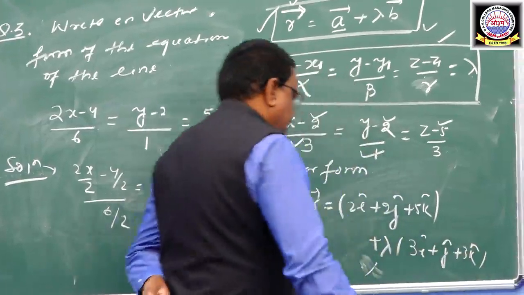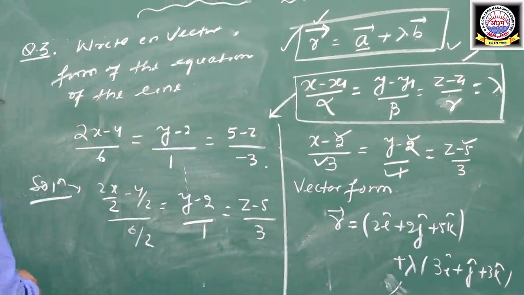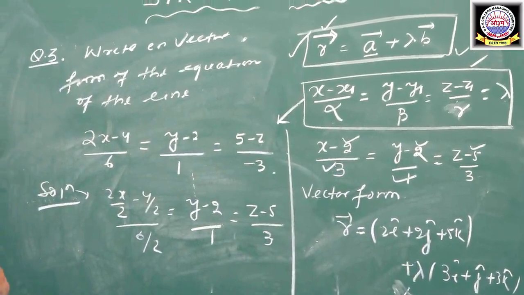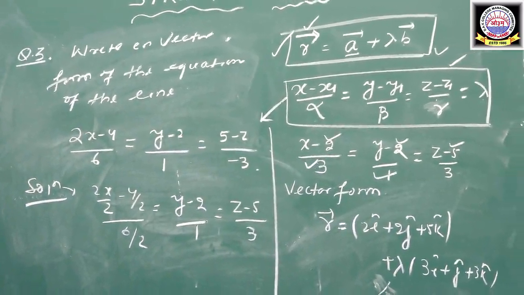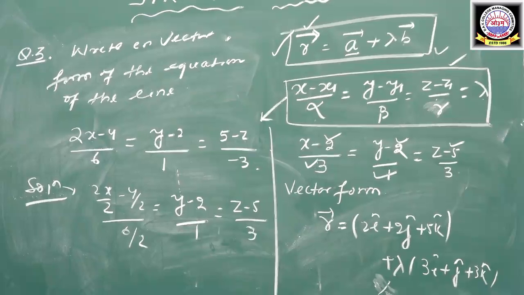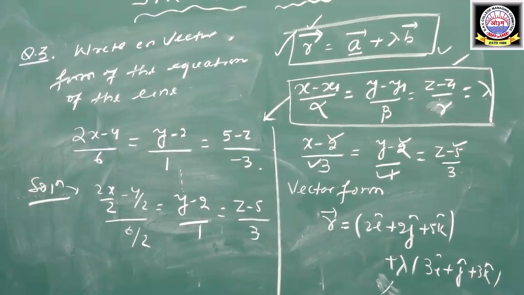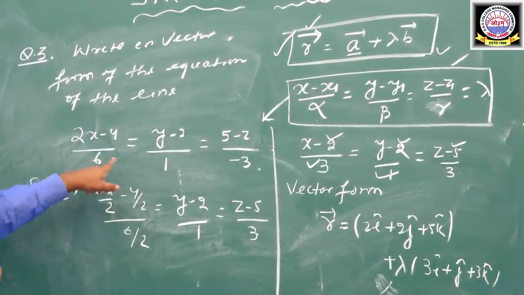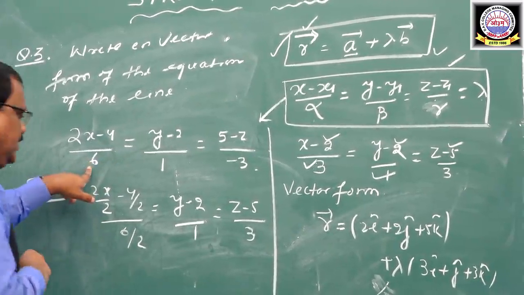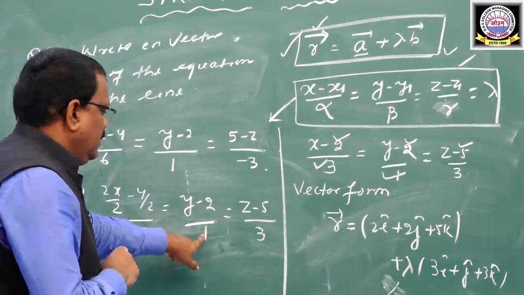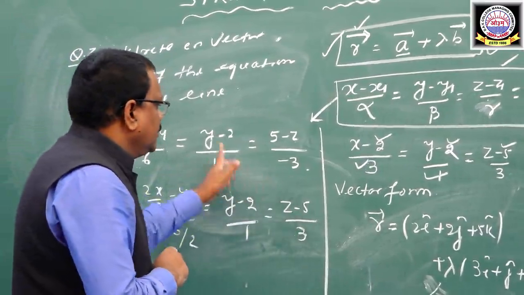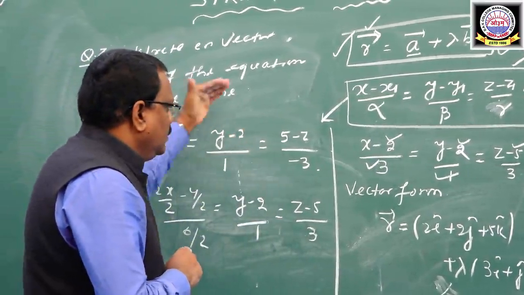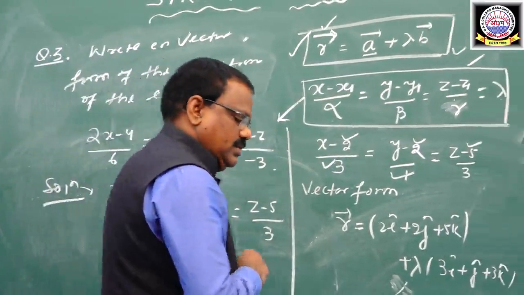So 2i plus 2j plus 5k is the point through which the line passes. The second one is plus lambda times the denominator 3i, right? Then 1j, right? Then 3k. So this is the conversion of the Cartesian to the vector.